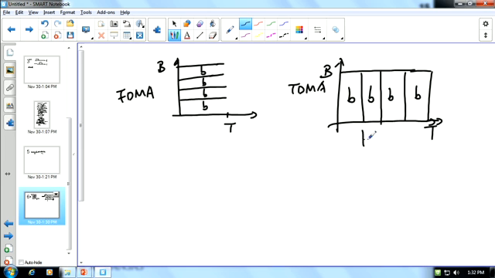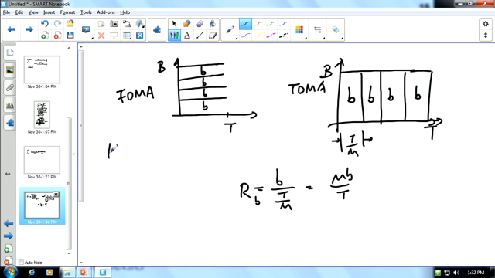So the duration of each time slot in this case will be T over M. The data rate at each time slot is MB over T divided by M, which is MB over T. All these 4 slots have the same data rate, so the overall data rate is the same: MB divided by T.